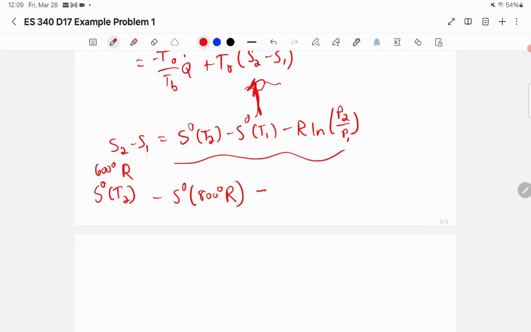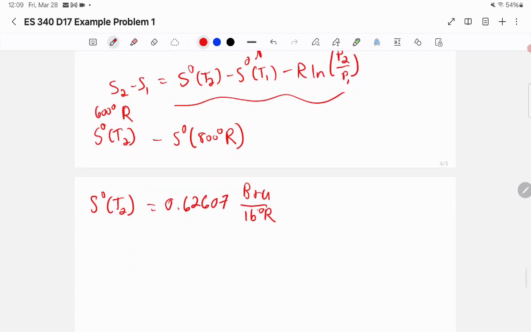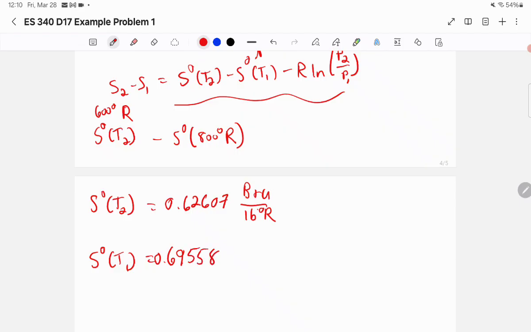We can find that s circle of T2 is equal to 0.62607 BTU per pound degree Rankine, and s circle of T1 was equal to 0.69558 BTU per pound degree Rankine.